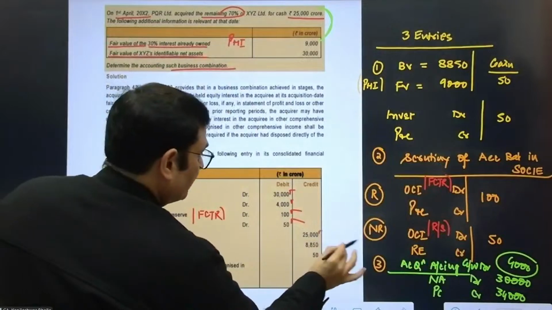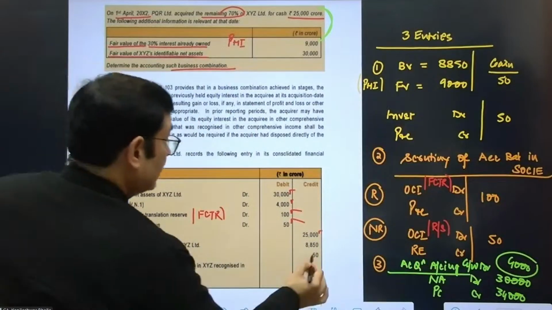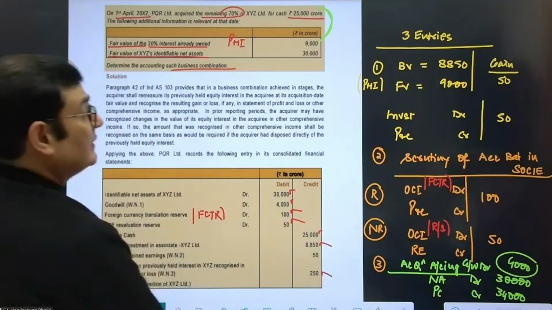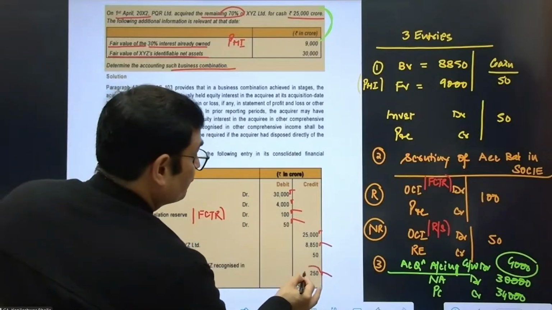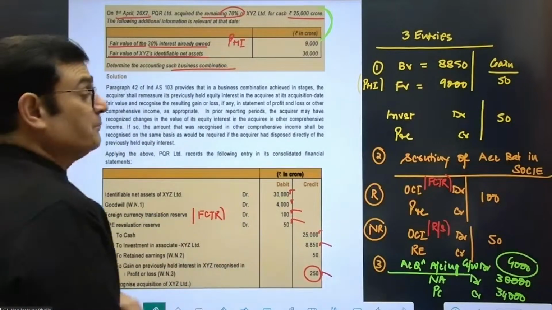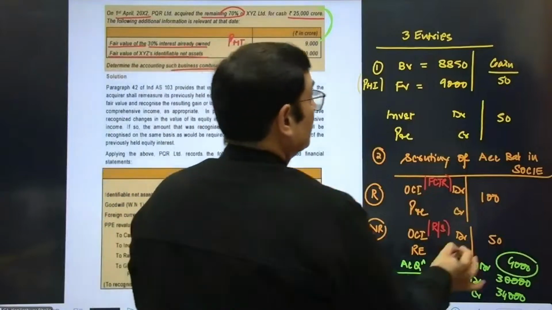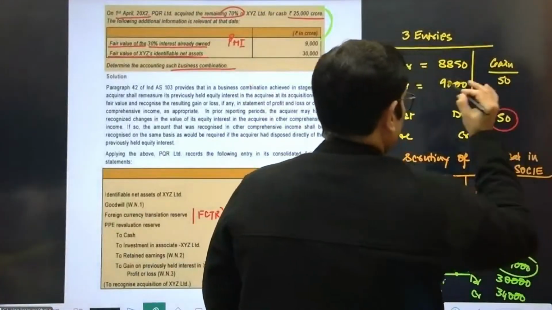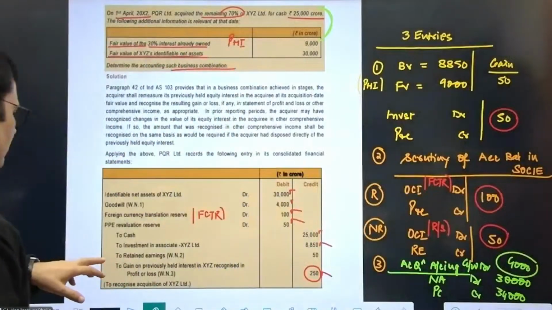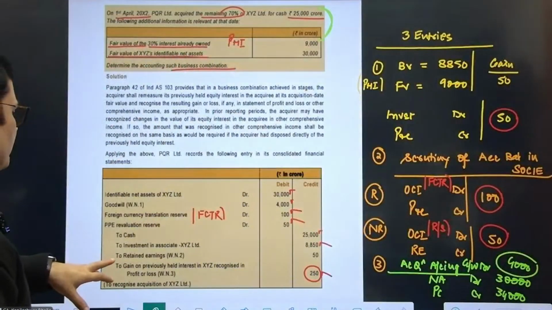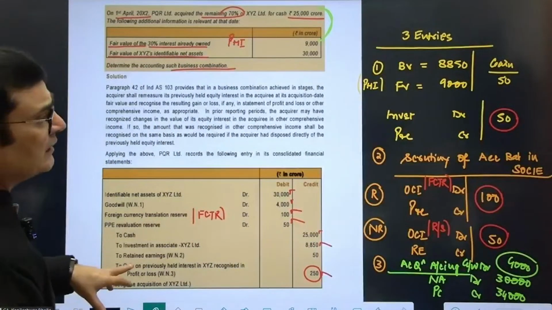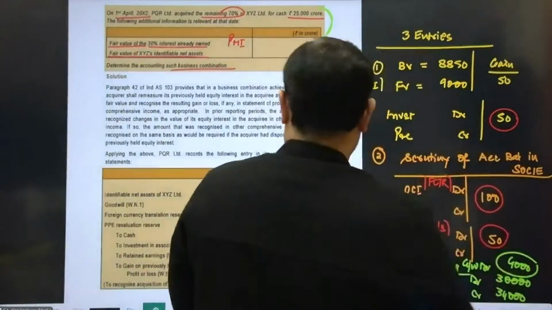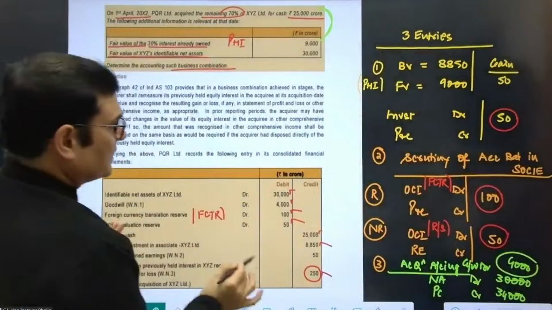The consideration of 25,000 and the investment 8850 and the gain on the previously held investment. Now, if you see this 250, what is this 250? This 250 is a sum total of this 100 plus 50 plus another 50. No, this 250 is the gain on the PHI. I guess this is coming to 150 plus 200 something. Okay, let me just reconcile.